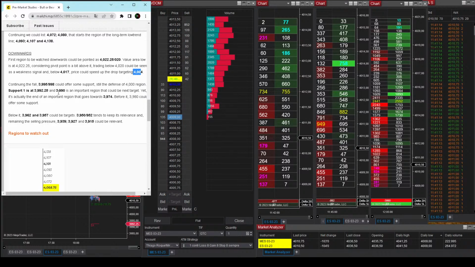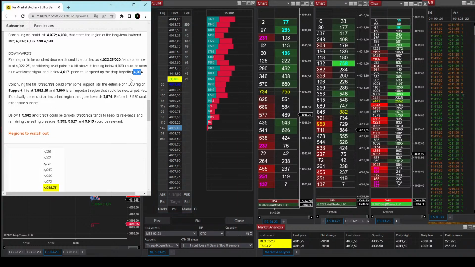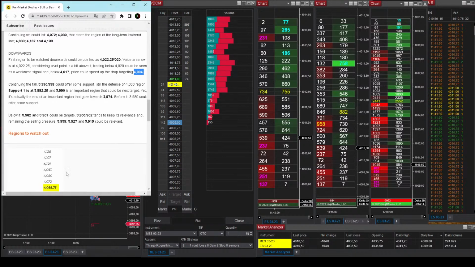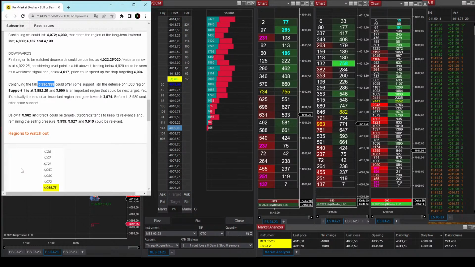It was important, but since it passed through yesterday, I prefer not to take note. But this region is also important, but I put here the 04, that seems to be more important. Below it, the 95, 98.